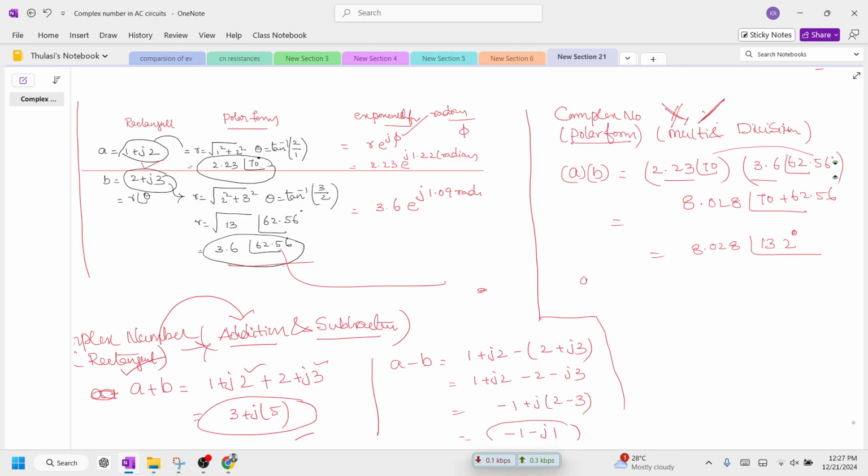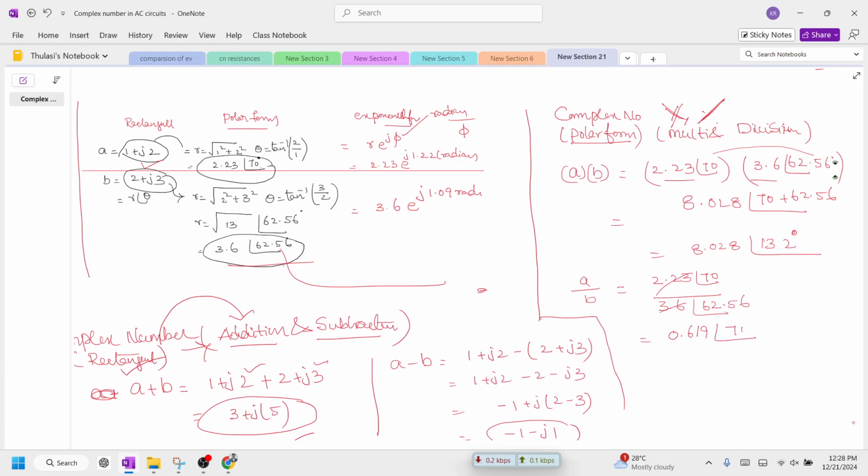Now I want the answer of a by b. So a value is 2.23 at an angle 70 divided by b value, which is 3.6 at an angle 62.56. So we can write this, and we can cancel out this value. 2.23 divided by 3.6, the answer is 0.619 at an angle.